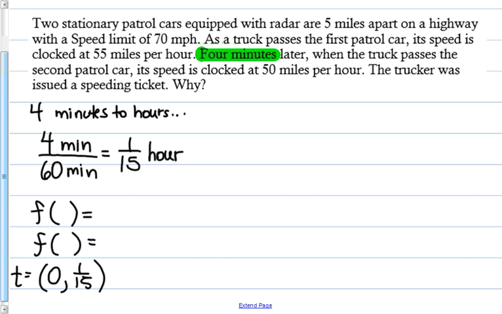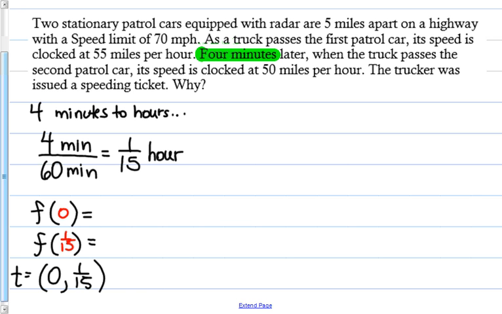And because that's my interval, I'm going to plug in 0 and 1/15 into my function. I don't know what my function is, but I do know how fast they were going.